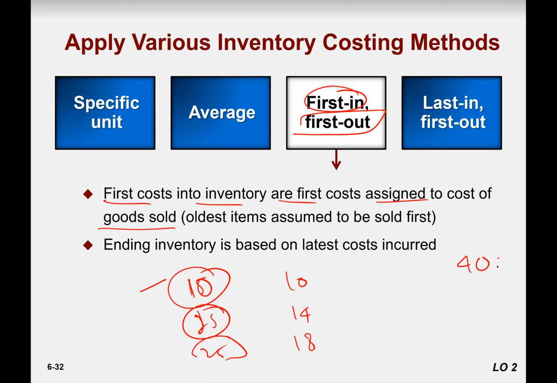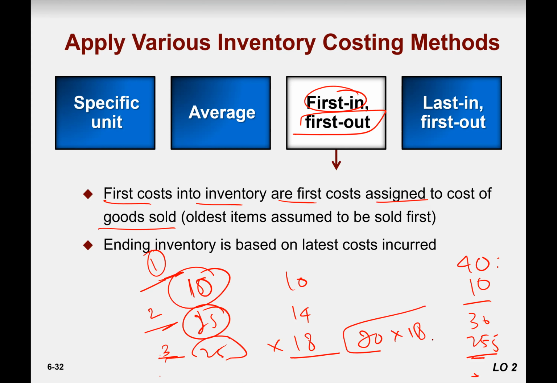For example, if we sell 40 units, what is the order? These units will be sold first, then comes the 25, and then this 5, right? So that's why the amount left is going to be 20 at 18.